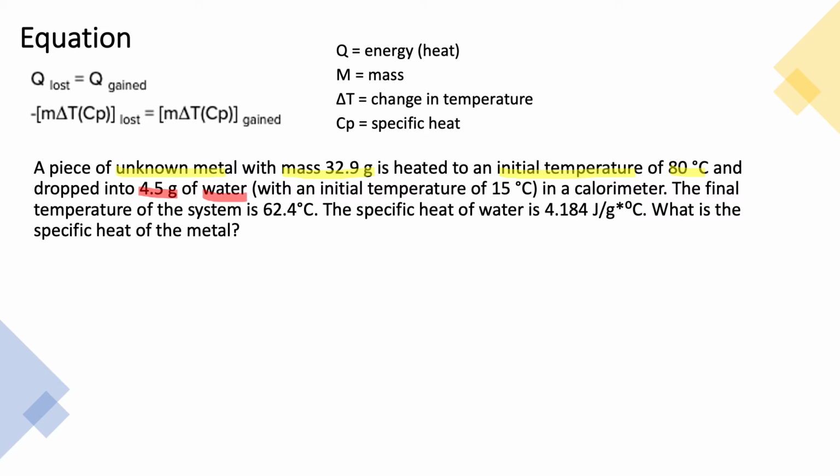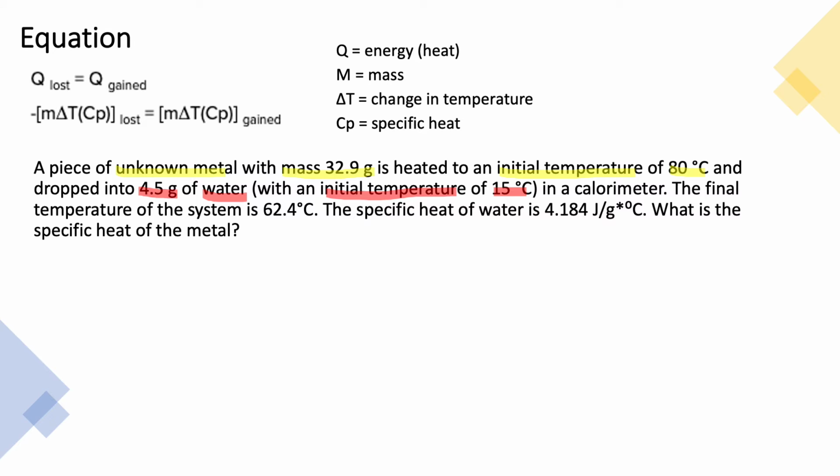The water has an initial temperature of 15 degrees Celsius, and we're putting the metal into water that is in a calorimeter. Remember that the calorimeter is just the machine that I use in order to figure out or measure heat transfer. The final temperature of the system is 62.4 degrees Celsius.